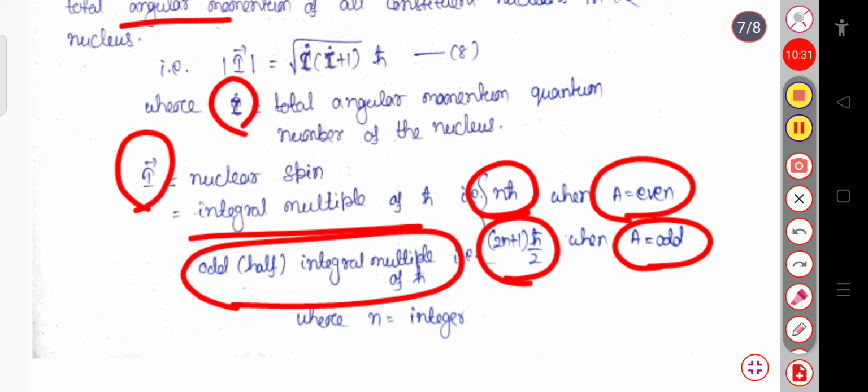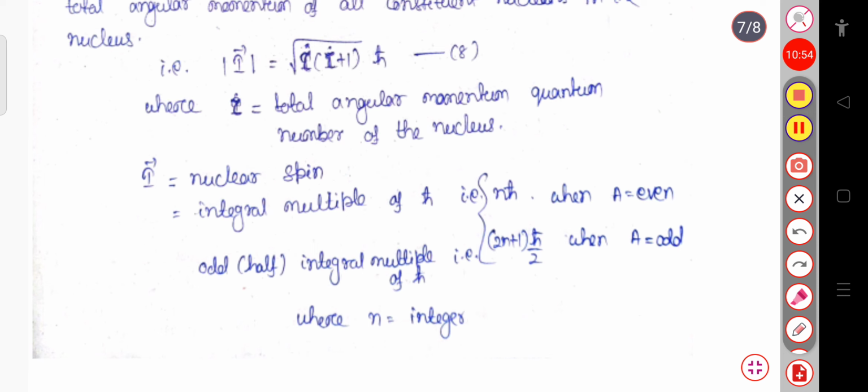So there are two values: n h cut or (2n plus 1) h cut by 2. A means the atomic mass. Okay, when A is even, the spin will be n h cut, and when A is odd, then I equals (2n plus 1) times h cut by 2, where n denotes an integer.